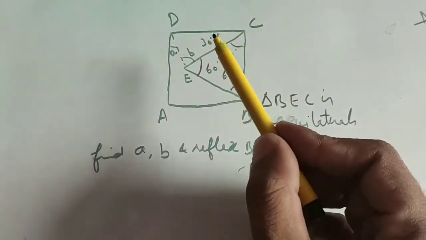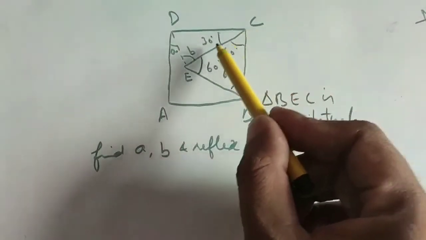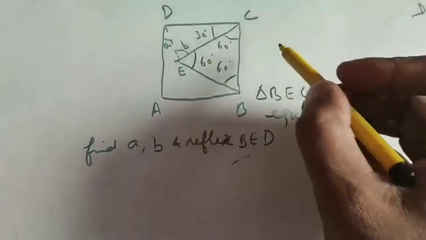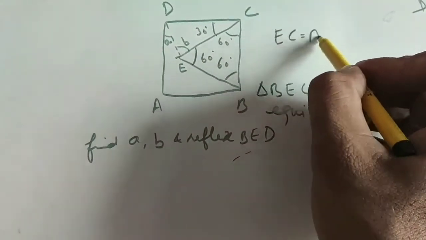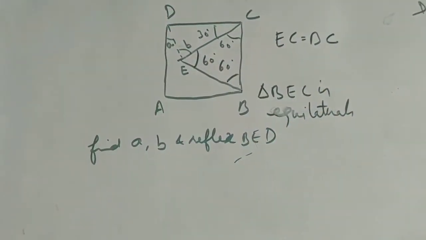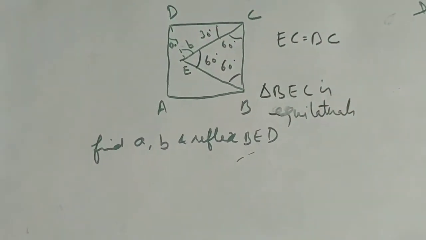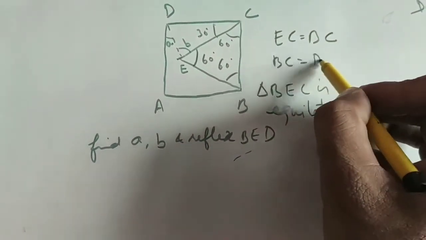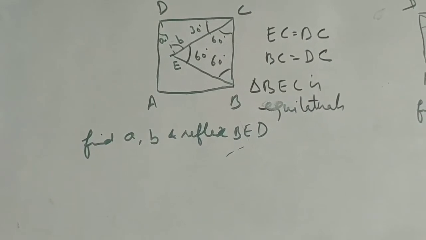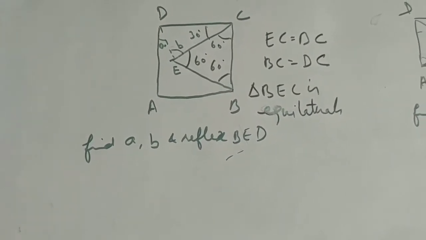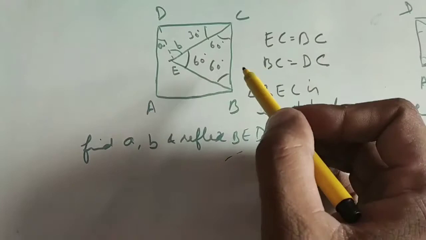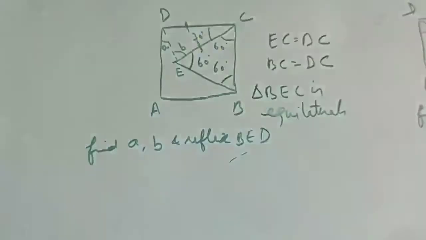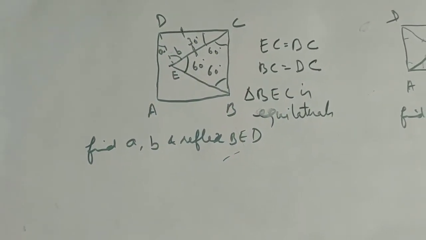So now consider this triangle DCE. Now we know that EC is equal to BC because BEC is an equilateral triangle. If EC is equal to BC and BC is also equal to DC because these are the sides of the square, it means this EC is also equal to DC.